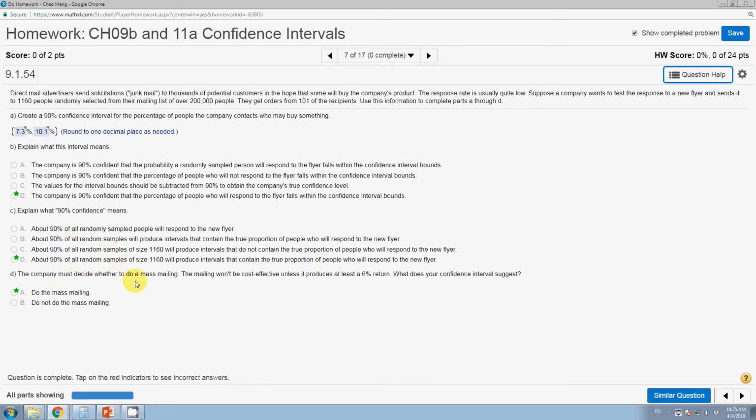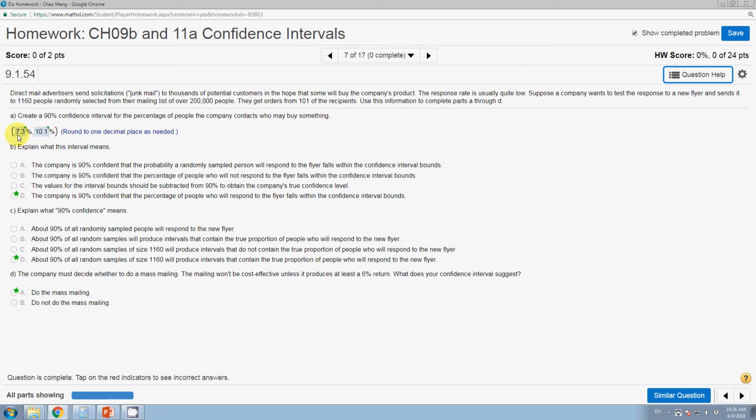And part D, they're going to decide whether to do a mass mailing or not. The mailing will not be cost effective unless it produces at least a 6% return. That means if the population proportion is at least 6%, they can do the mass mailing. So let's compare this 6% threshold with the confidence interval.